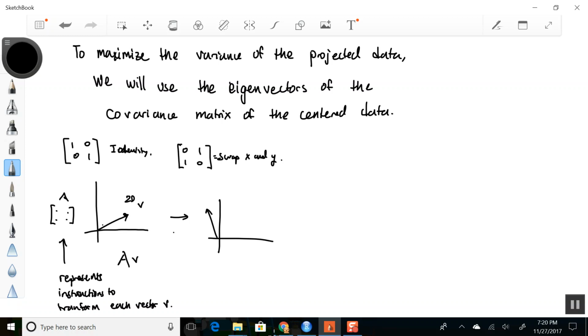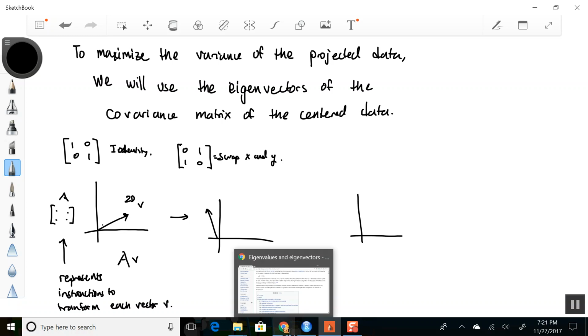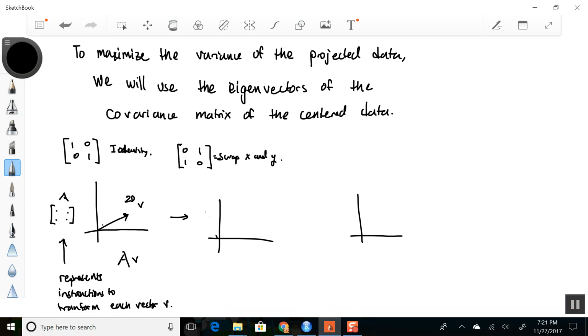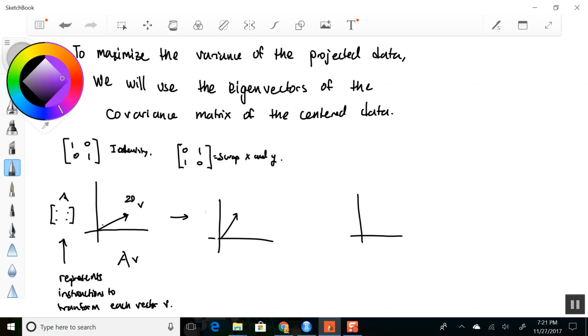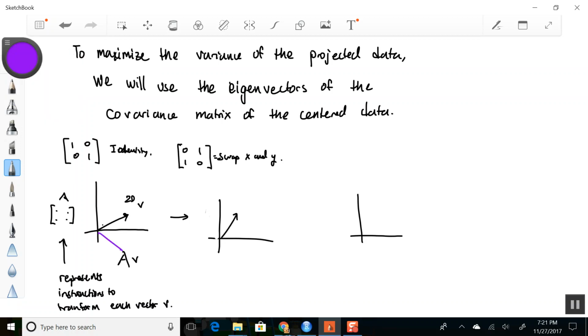These matrices, however, if you apply them to certain coordinates, like if I apply this swapping instruction, we would get this. If I had this thing, then the resulting vector would be that.